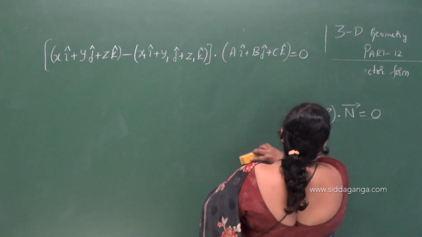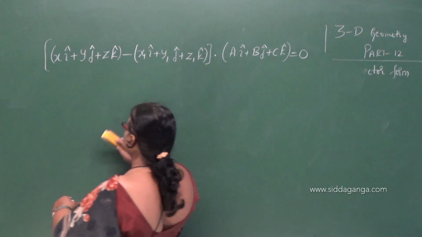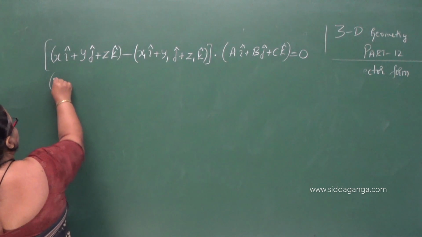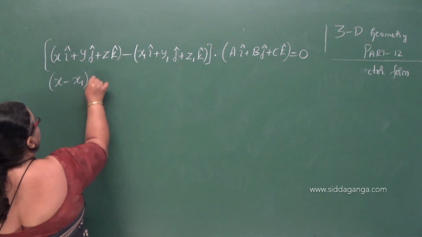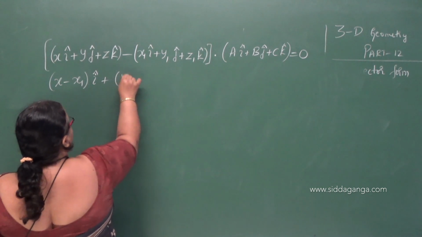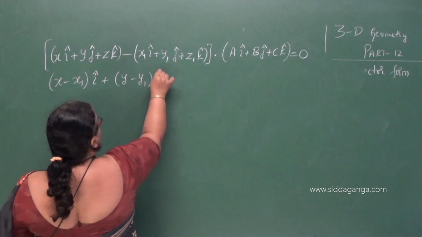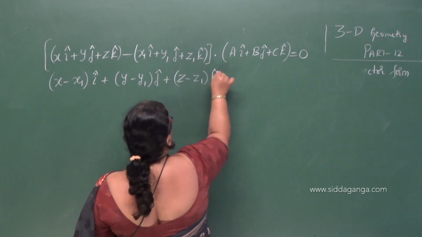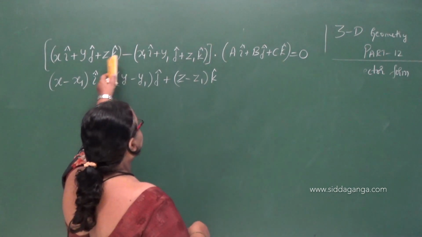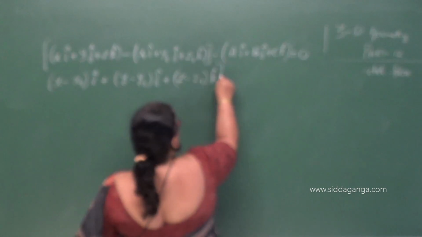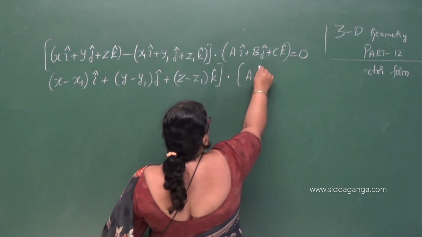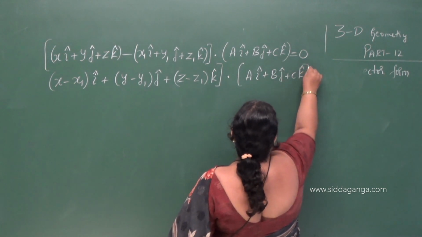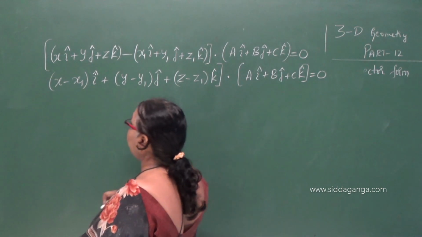The difference of two vectors is again a vector. Taking i cap common, we get x minus x1 into i cap plus y minus y1 into j cap plus z minus z1 into k cap. So this is the difference of the two vectors, dot a into i cap plus b into j cap plus c into k cap equal to 0.